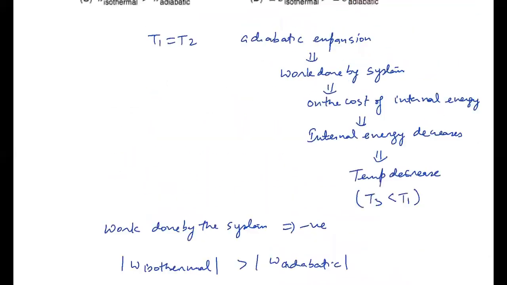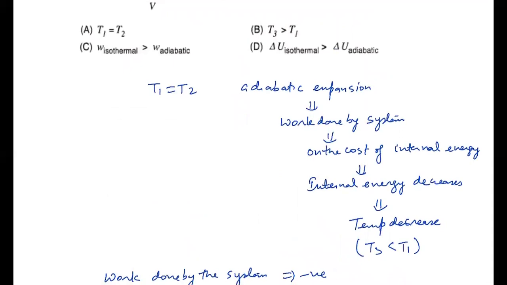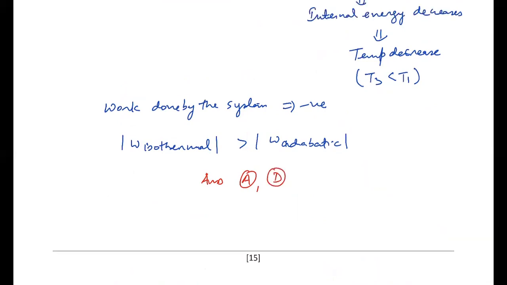Certainly 0 is greater than negative, so the answer will be true over here. So for this question, the answer is A and D. Although IIT has given liberty to the students because of the different sign convention of physics, in that case they have given the answer ACD also. Otherwise, the perfect answer for this question with respect to chemistry is A and D.